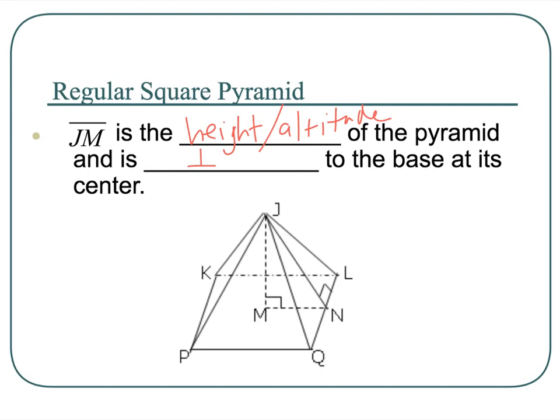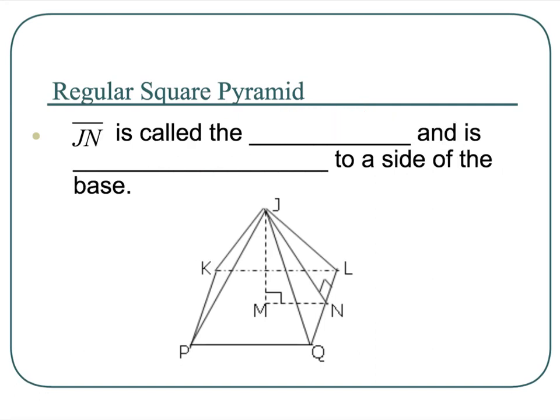And then JN is our slant height, and it is perpendicular to a side of the base. So JN is our slant height. JM is just our regular height or altitude. Hopefully that's pretty clear, that is the slant height as it is slanted. How creative of them to figure that out.